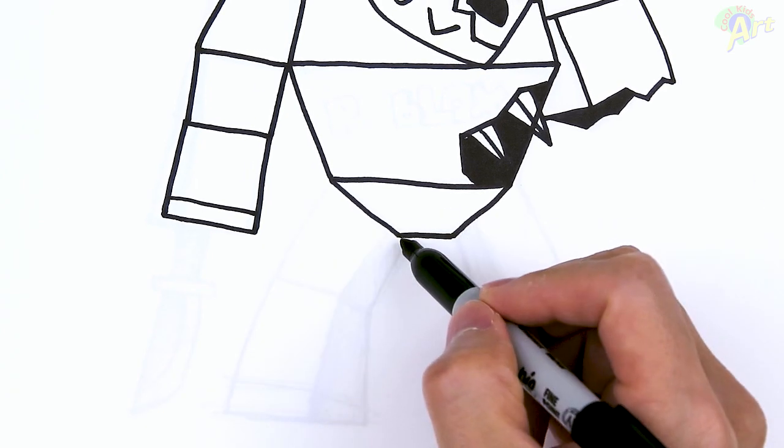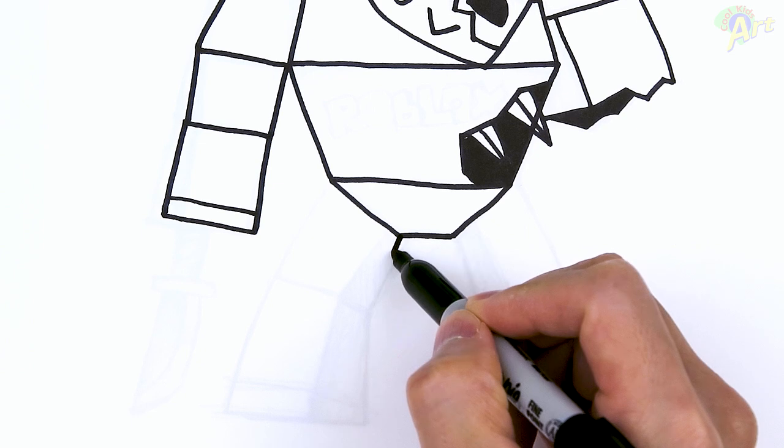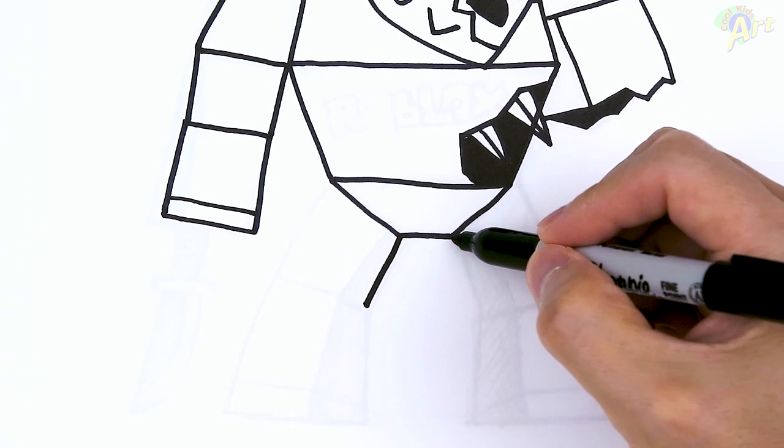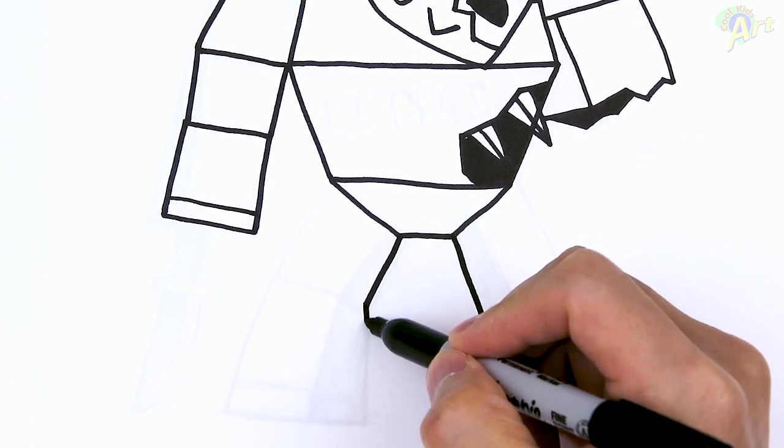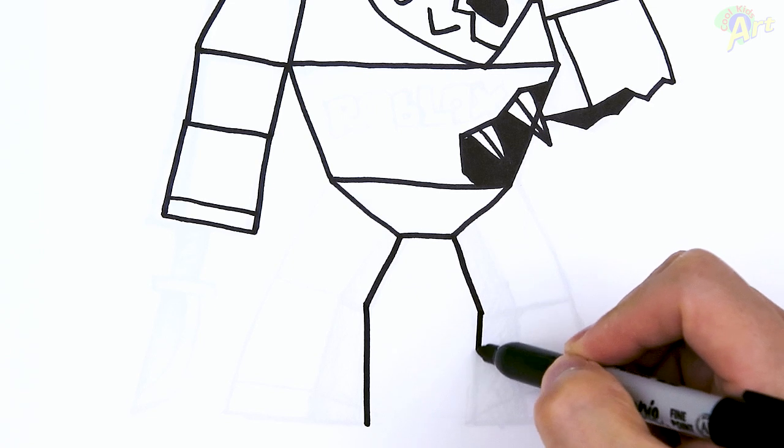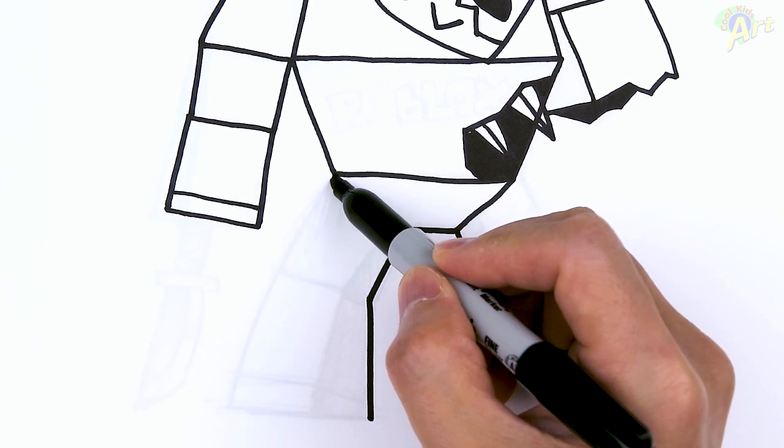Okay, so we're gonna come to this corner right here, slant down. Same thing here, slant down. So this is gonna be the knee, and then I'm just gonna go straight down here, all the way down to his foot. I know it looks very strange right now, but we're drawing the inside, and then now for the outside.